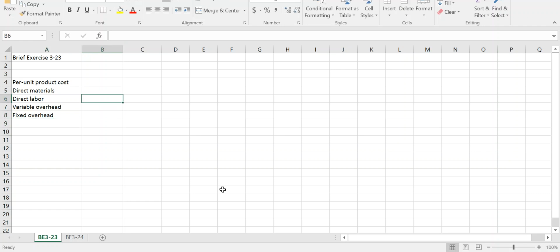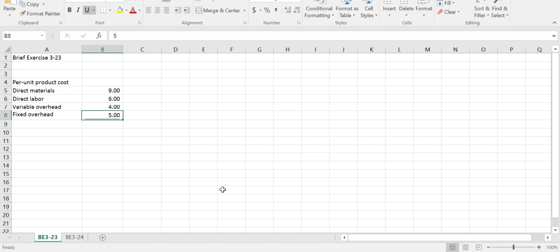Again, when you're thinking about absorption costing, think of it like a sponge. It's sucking in or absorbing all components of product cost. It isn't leaving anything out. So we had $9 in direct materials, we had $6 in direct labor, $4 in variable overhead, and $5 in fixed overhead. So in total, our per unit product cost under absorption costing is $24.